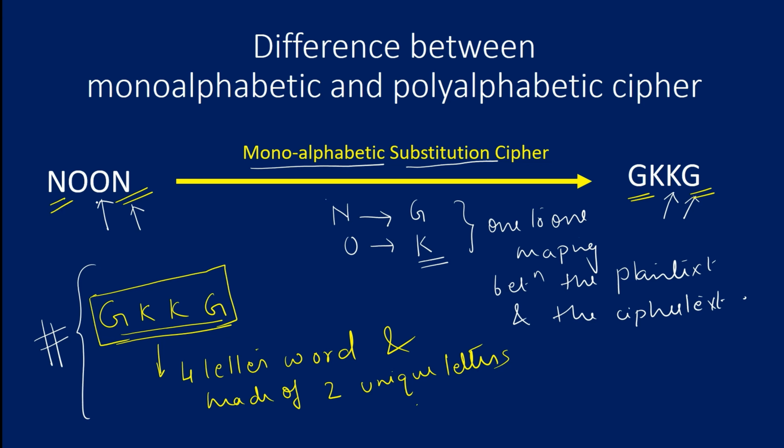Since monoalphabetic ciphers use one-to-one mapping, if there is a repetitive pattern in the plain text, the repetitive pattern can also be seen in the cipher text, and that repetitive pattern can be easily used by the attacker to predict the plain text from the cipher text. Hence monoalphabetic substitution ciphers are highly vulnerable to security attack.